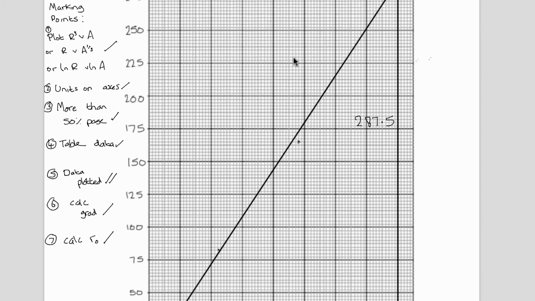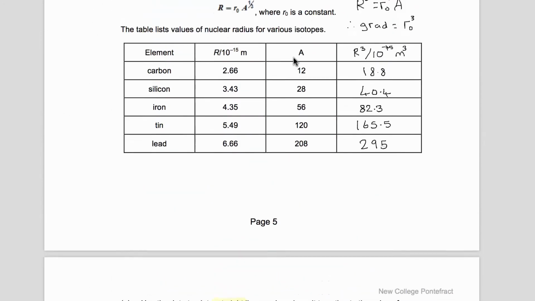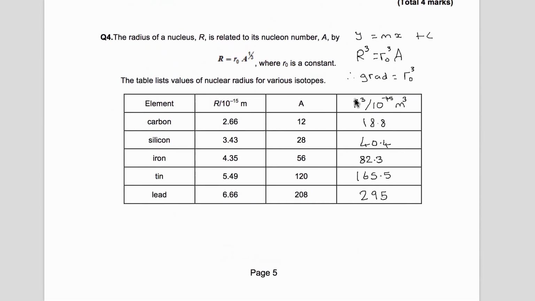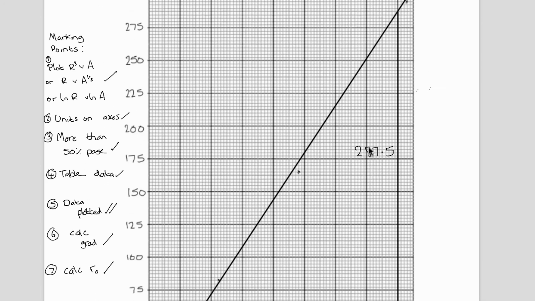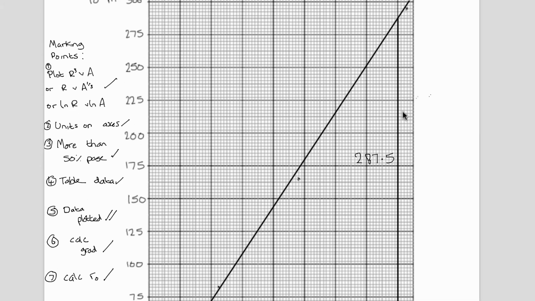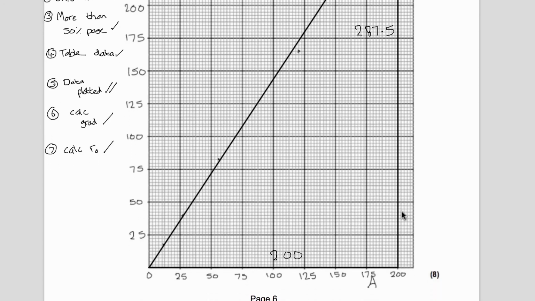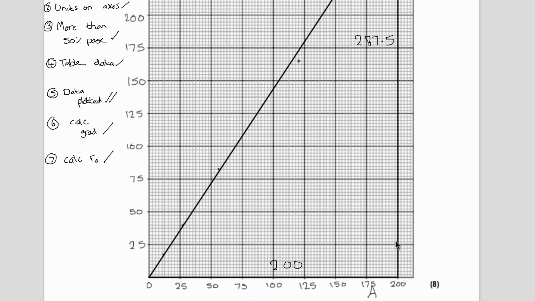Going back up here, I've got a straight line graph. I now need to work out what R0 is. Well, the gradient gives me R0 cubed, so I'm going to work out the gradient of my graph. You can't see all of this on the screen, but I've drawn a line down to the bottom, and a line all the way across. This is 200 all the way to here, and this was 287.5 up the side.